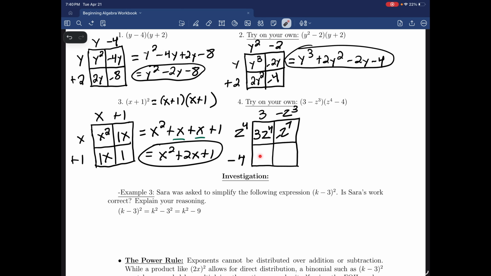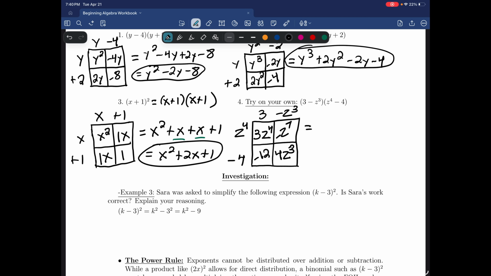Here in this box, we're going to do negative 4 times 3, which is negative 12. And then here, we have negative 4 times negative z cubed. So a negative times a negative is a positive. So we're just going to have 4z cubed here.